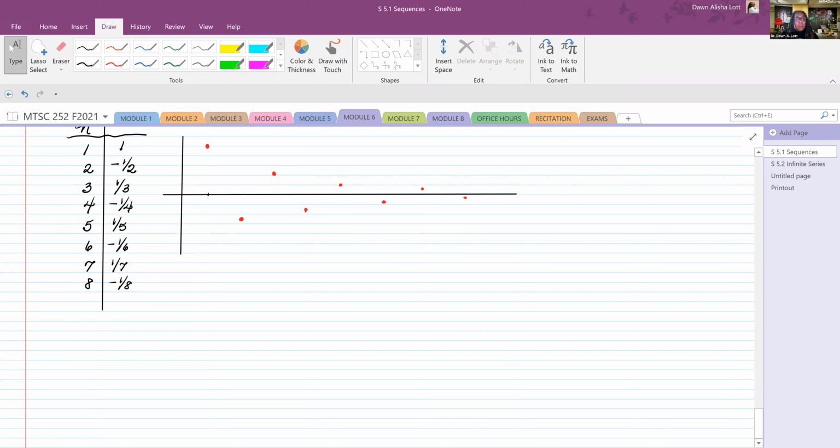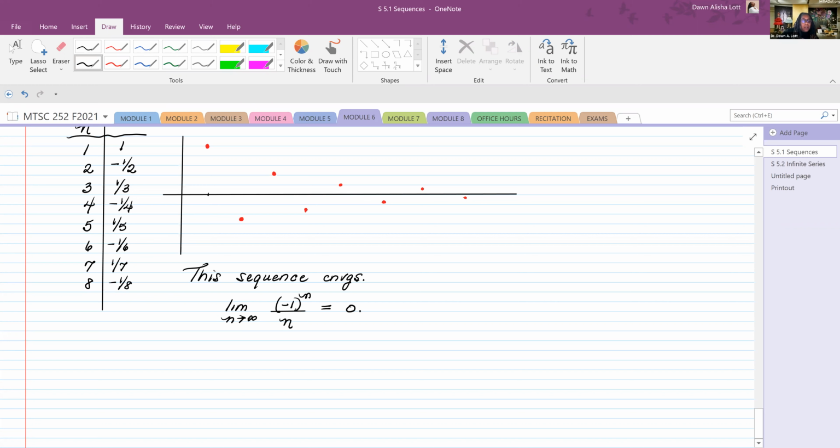Okay. So this sequence converges. So we get the limit as n approaches infinity of (-1)^n over n is equal to 0.